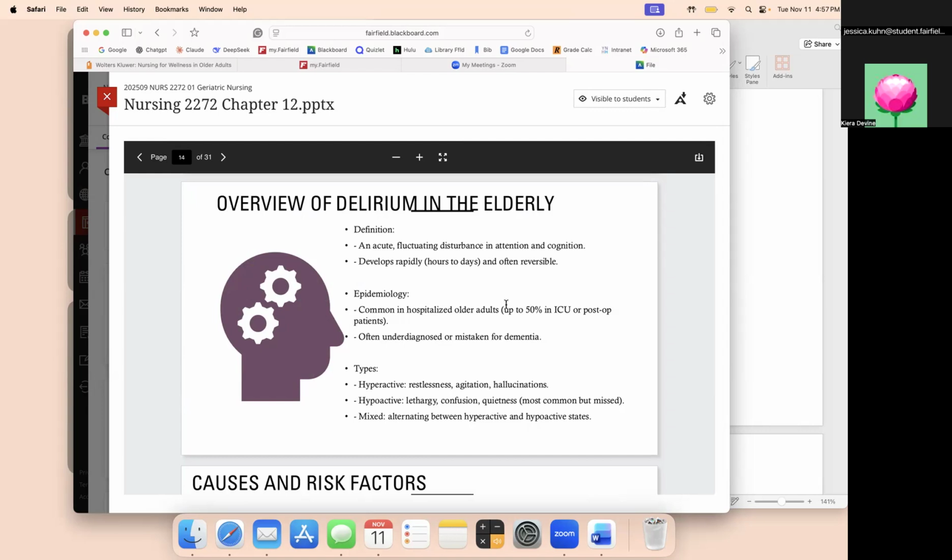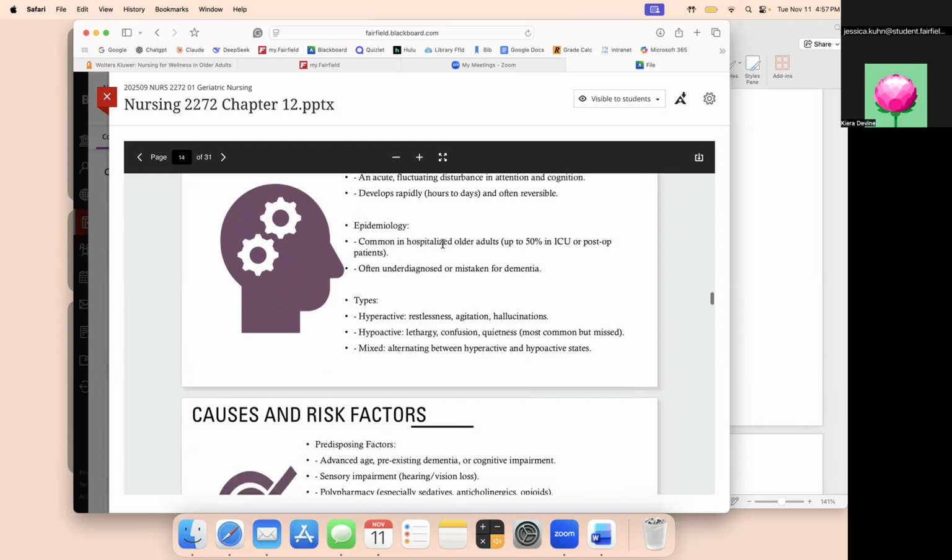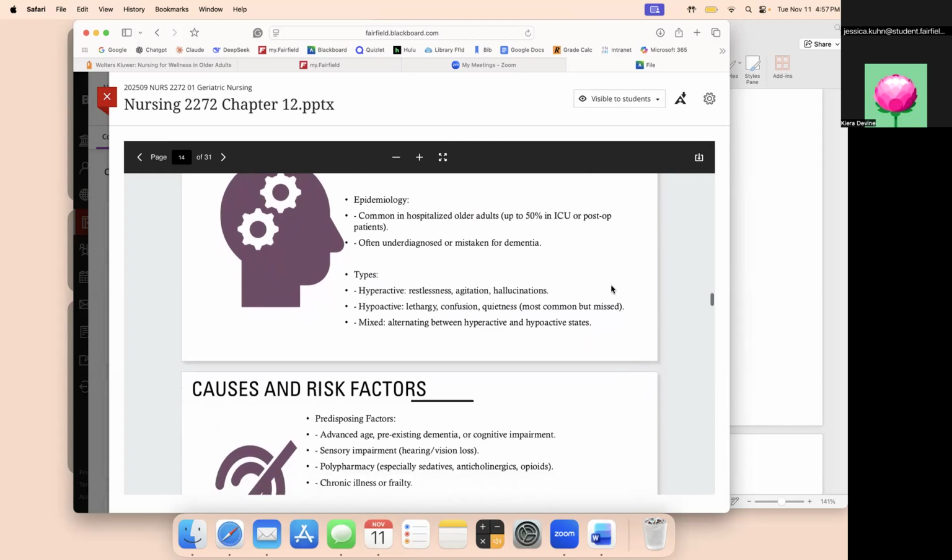Like we said, it's an acute thing, and it is often reversible. It's common in hospitalized older adults because you're pulling them out of their normal environment and they're sick as it is, and now everything is compounding into a delirium episode for them.